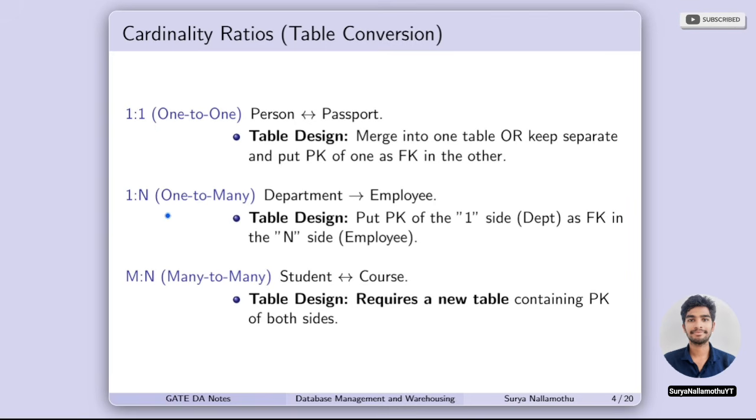If one table relates to multiple rows in another table, like department to employee, we have 10 employees but under the department it is 1, so we call that 1 is to n. Student and course: we have multiple students and multiple courses, so it is an m is to n ratio, meaning many to many.